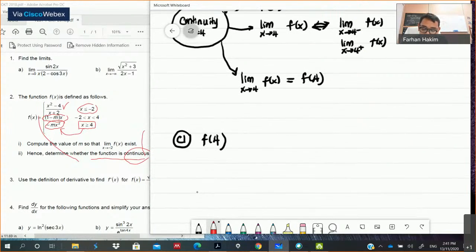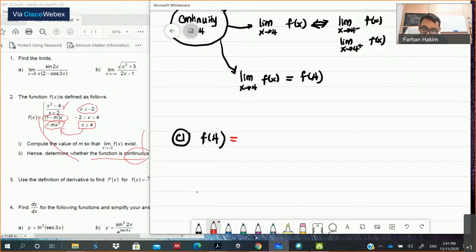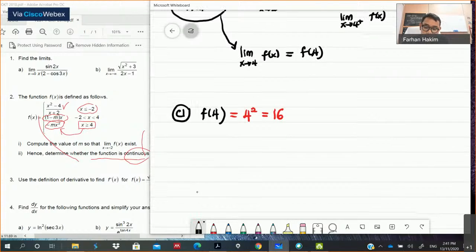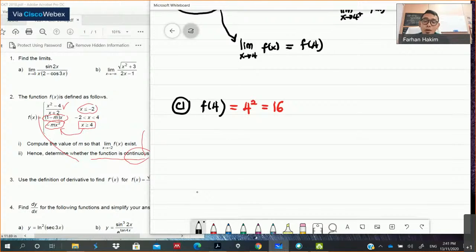So x squared will be 4 squared, which is actually 16. Because we get a value here, not infinity or negative infinity, we can say that f(x) is defined at x equal to 4.